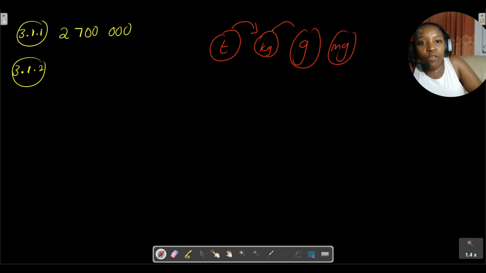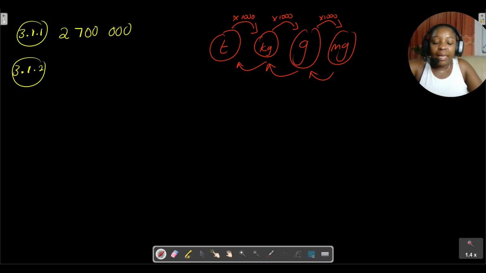When you're moving from your bigger unit to a smaller unit of measurement, we know we're supposed to multiply. So in this case, multiply by 1,000, multiply by 1,000 still, multiply by 1,000 still. And when you move from a smaller unit to a bigger unit, you're going to divide by the value that you multiplied by. At the top, it's going to divide by 1,000, divide by 1,000.